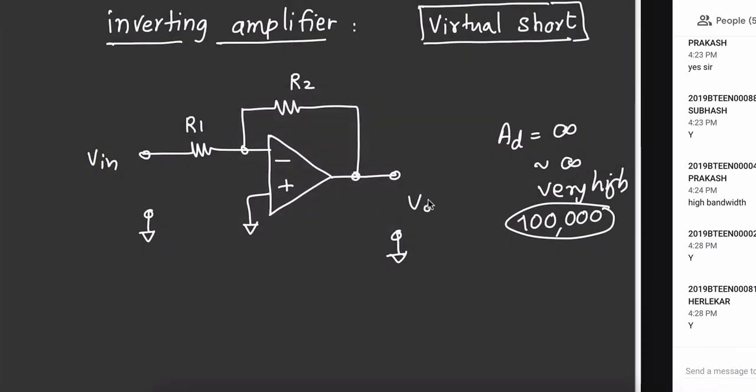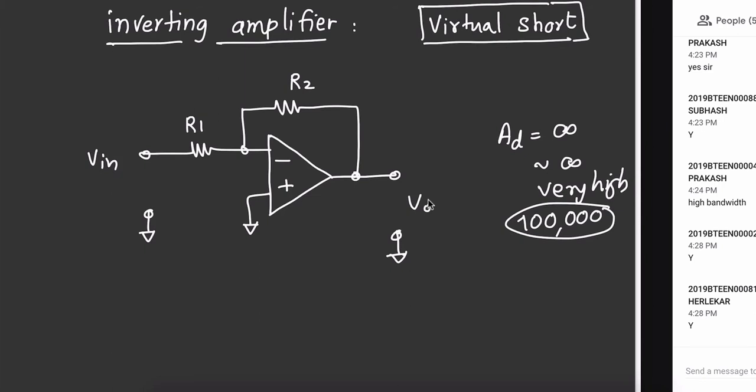This can be expressed in the form of a ratio, that is VO by VD, or it can be expressed in the form of decibel. How to express any ratio in decibel you typically know. In case you do not know, please refer to the book to understand how it is represented in dB.